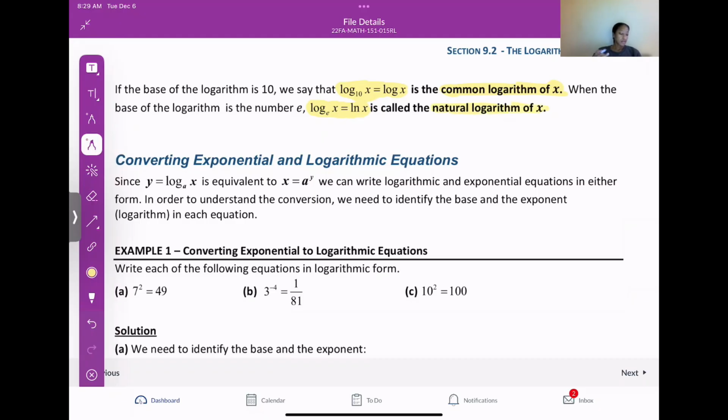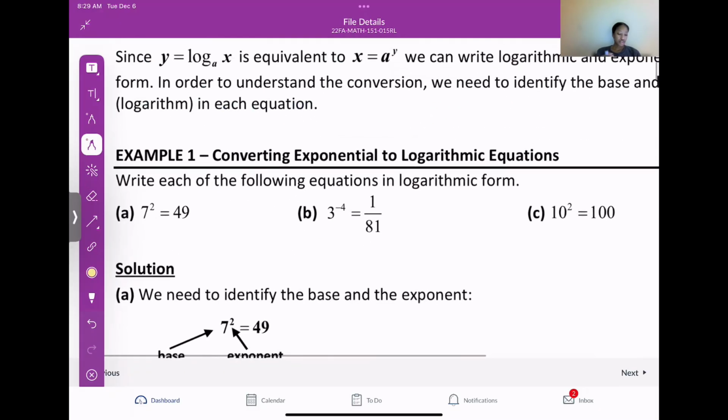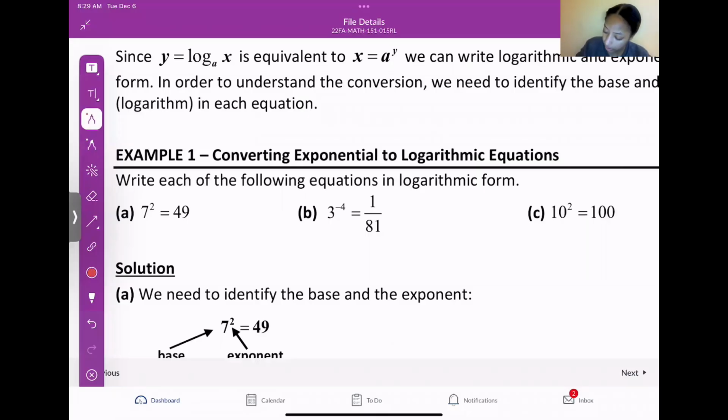All right, so the first couple of examples we're going to practice converting exponential expressions to logarithmic equations. Remember, let me write it up here at the top, y equals log base a of x. We said that that is equivalent to a to the y equals x.